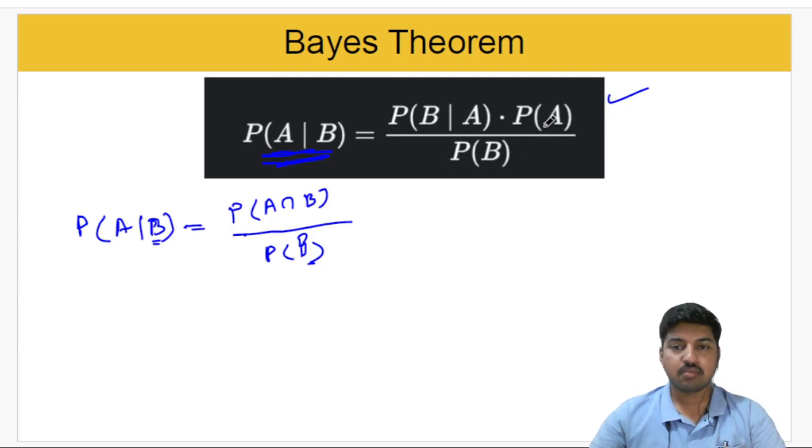They are multiplying by probability of A, then dividing by probability of B, and then they are giving probability of B given A. What is going on? So we will see how this formula has been changed.